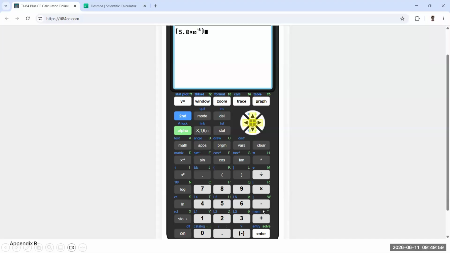I'm going to use the minus sign here. Minus, and then parentheses, 0 point, oops. I guess I have to clear it that way. Let's do this again.